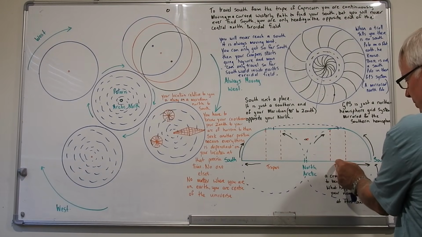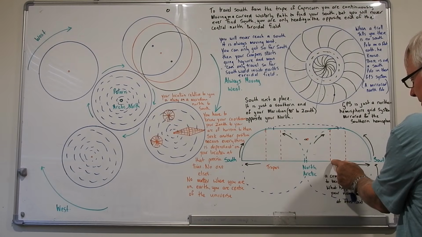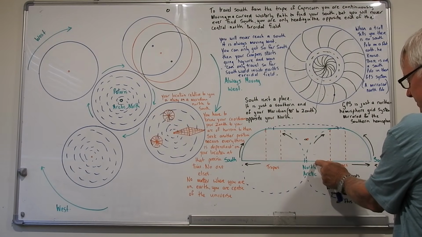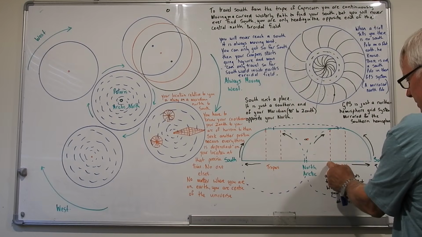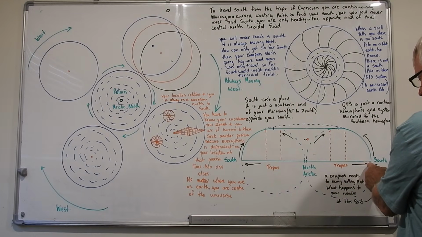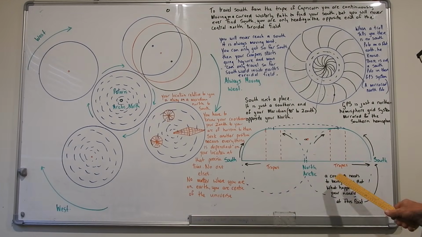Only that gap there will give you a direct north and south on a compass. Otherwise, this field is pointing that way. You get on this side, the field is pointing that way. The compass needs to be sitting flat. What happens to your needle at this point? It's no longer flat, the field's going this way. You're not going to get a correct reading. It's going to go all over the place.